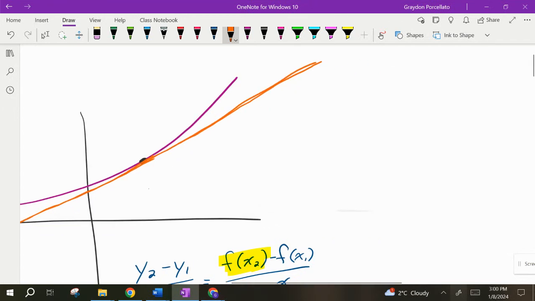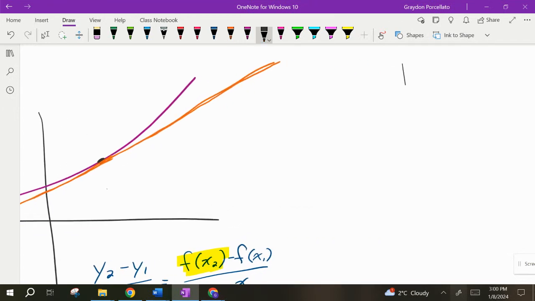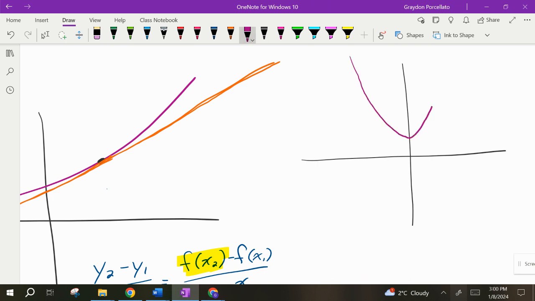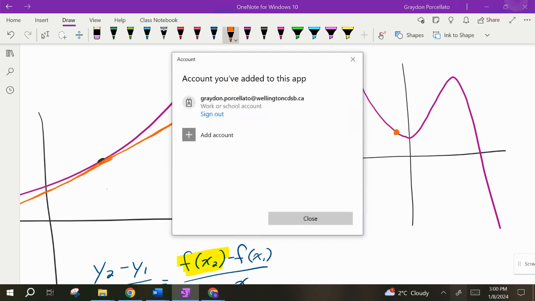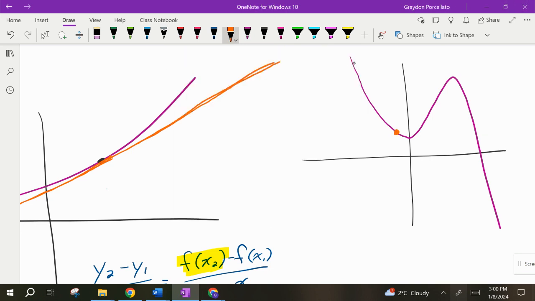Now, there could be cases, and I'll draw you a quick example here, where a tangent line is going to go through a graph or touch a graph at 2 points. For example, if I did a tangent line right here, that touches just this point, my tangent line might look something like this, right?